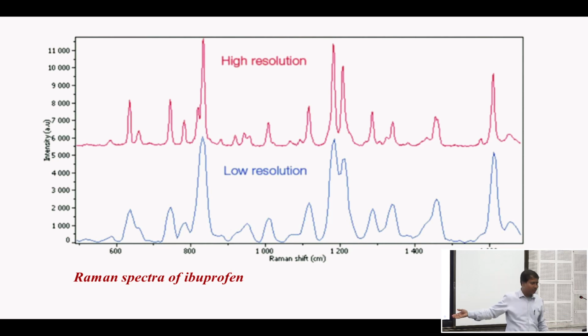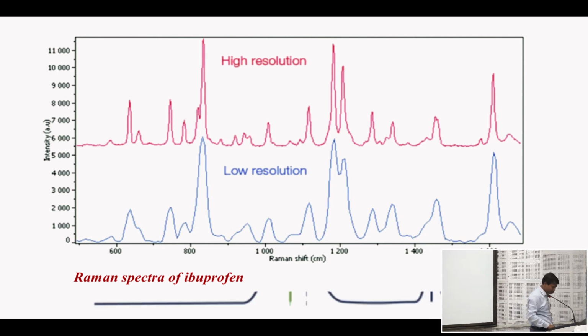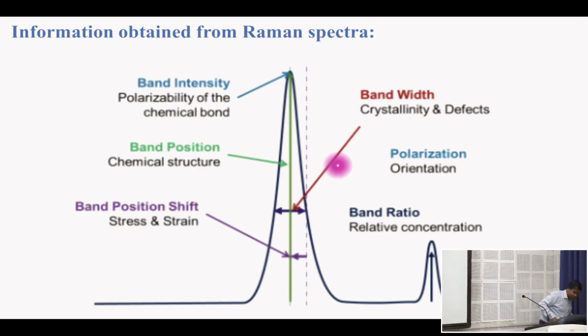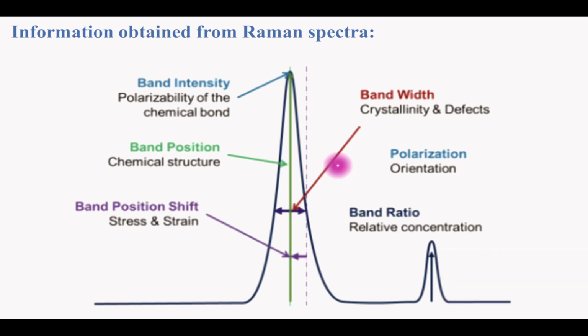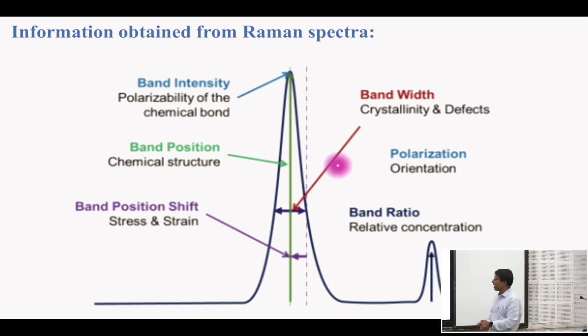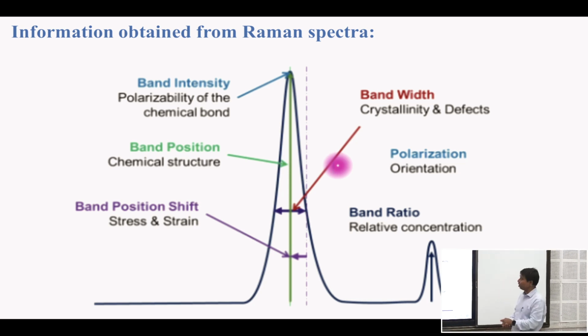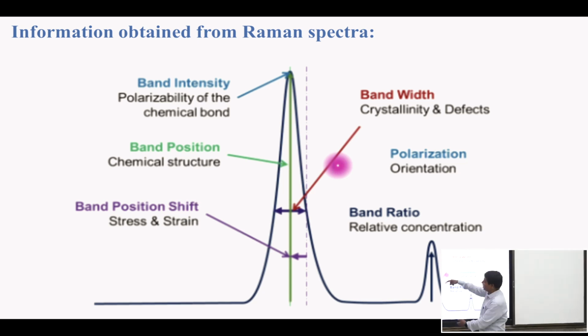You have a Raman spectrometer of maybe 20 lakhs, and you have maybe some 4 crore or 5 crores, depending on what excitation source you are using. So if you have a band, these are the things you can find out by analyzing the band. From the band intensity, you can find the polarizability of the chemical bond, how intense it is.